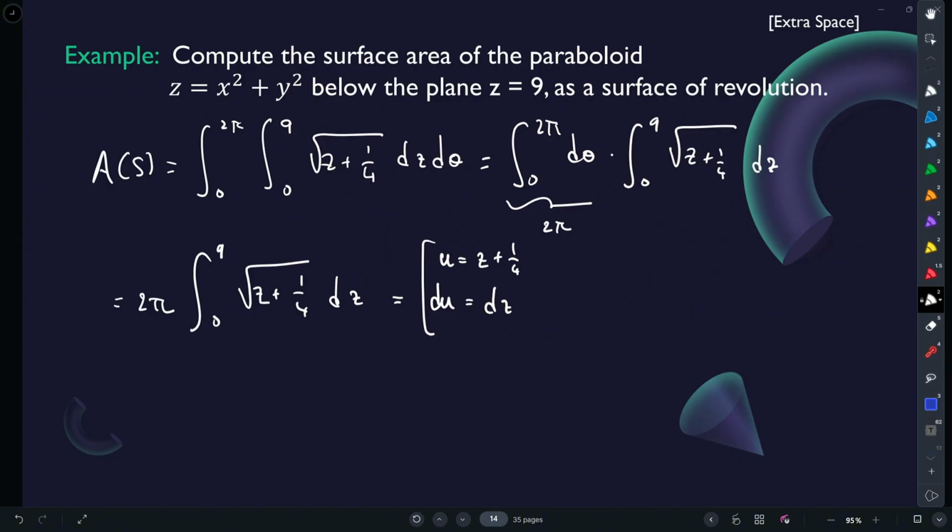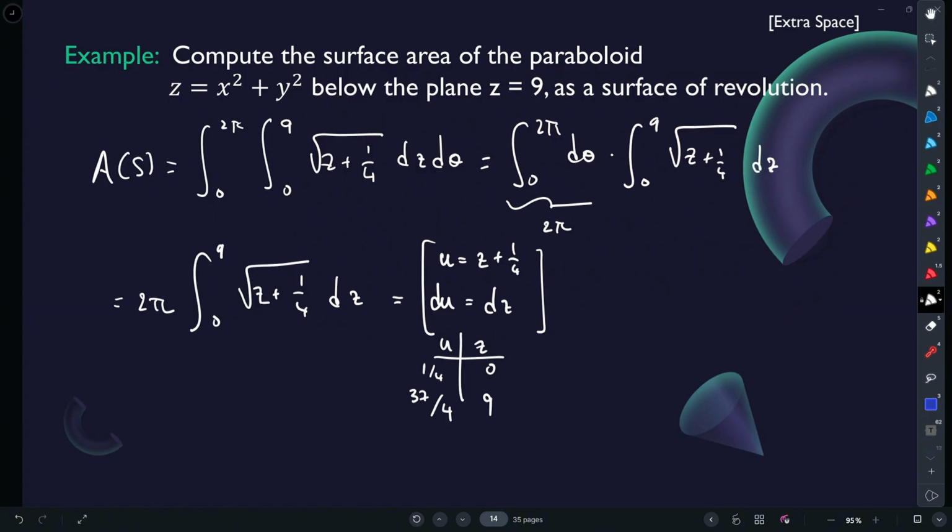And in that change, by the way, when z is 0, u is a fourth. When z is 9, I get 37 over 4. Remember that the solution had some 37 showing up. Here's how 37 is showing up in this integral.